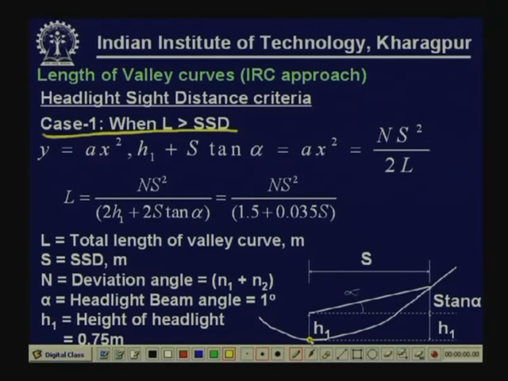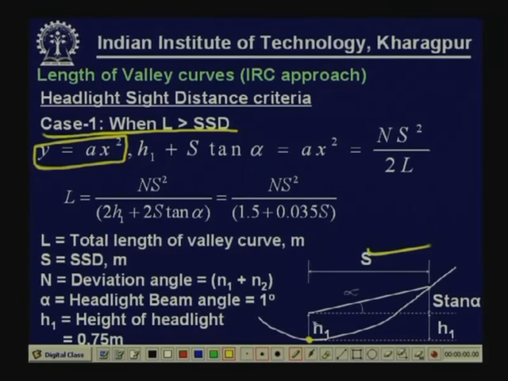In this case, the lowest position on the curve is the critical position. And again the equation we can consider as y equal to a x square. Now, let us consider this is the required side distance S. H1 is the height of headlight, which is normally taken as 0.75 meter.